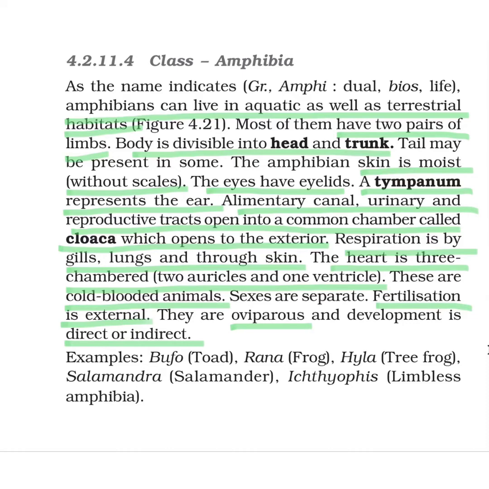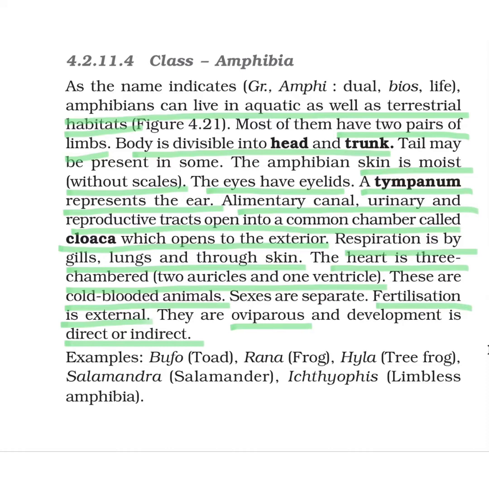Their eyes have eyelids. Another feature is the tympanum, which is present in the ear. The alimentary canal, and also the urinary and reproductive tracts, open into a common chamber, and that chamber is known as cloaca. This is also one of the important features in class Amphibia.